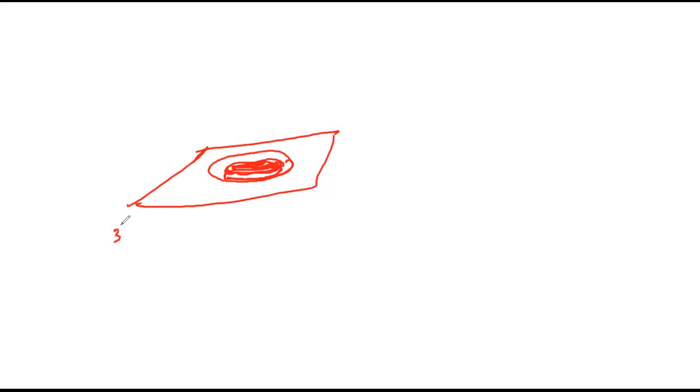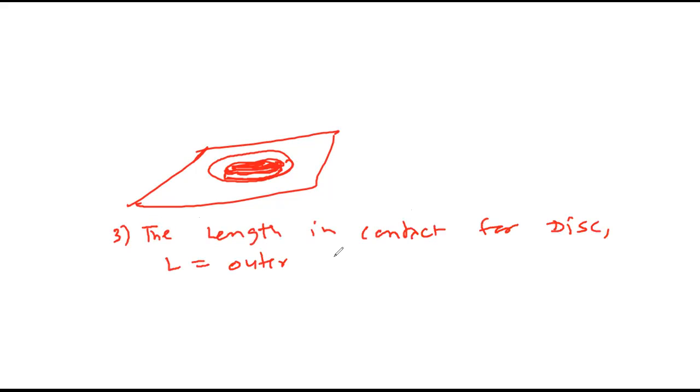So I can say the length in contact for a disk is the outer circumference, which is 2 pi r.